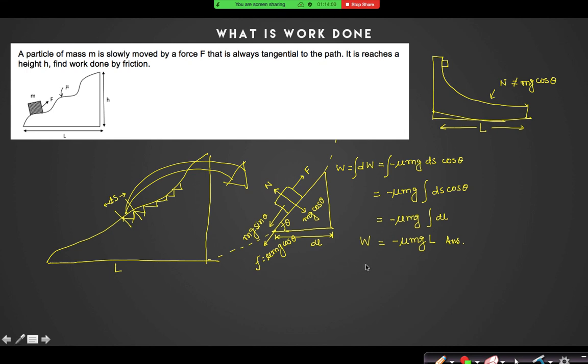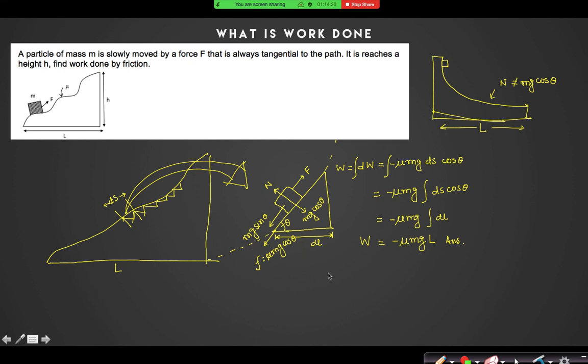Remember, we need to decide based on the question and the situation. In this particular question, it is mentioned that the force is always tangential and it is slowly moving. These two conditions must be there in order to write N equal to mg cos theta. If you cannot write N equal to mg cos theta, I cannot write f equal to mu mg cos theta and I cannot integrate this.